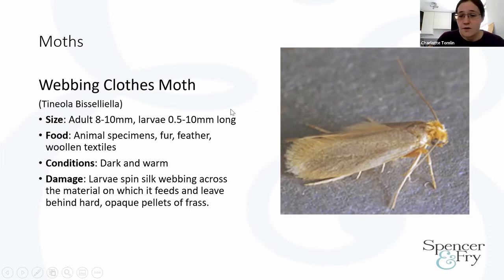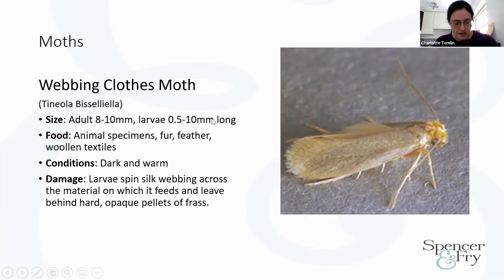So webbing clothes moth are probably the most common moth affecting collections. They are quite small and covered in silver grey scales, so whitish gold scales, sorry, with a head with a brush of orange hairs and long thin antennae.